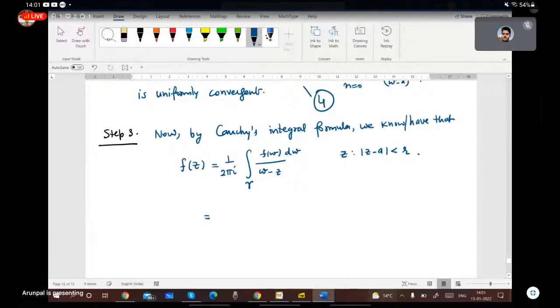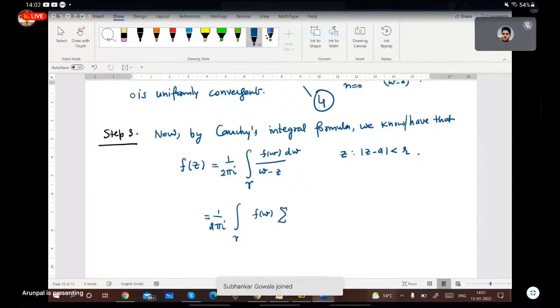Now this is equal to, class, 1 upon 2 pi i integral over gamma f(w) into summation n going from 0 to infinity (z minus a) to the power n divided by (w minus a) to the power n plus 1 dw.